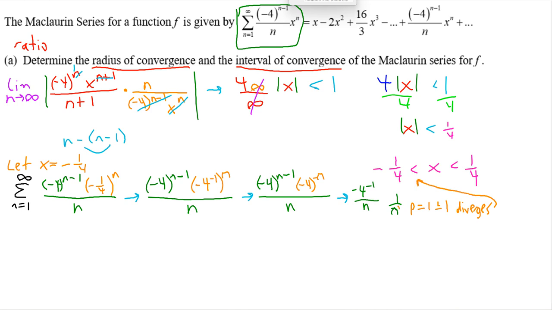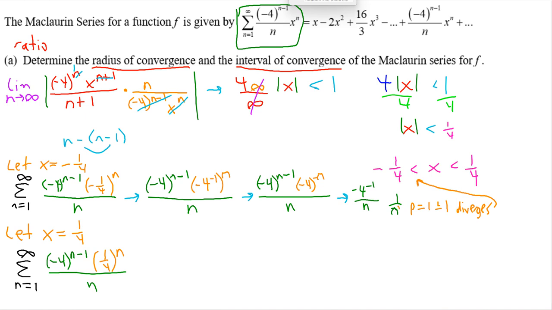And now let's try the other endpoint of positive 1/4. So with positive 1/4, we still have -4 to the n minus 1, positive 1/4 to the n over n.